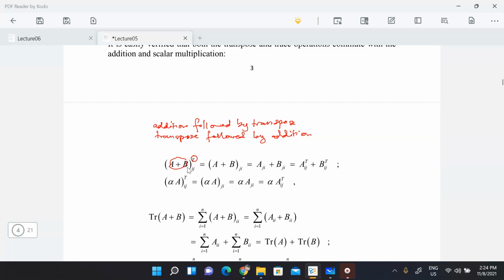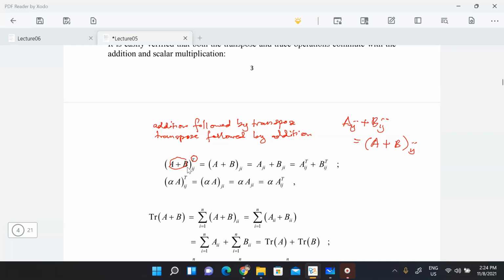Since I can define two matrices, that two matrices added together can be written in terms of index notation in this way, and the resultant matrix will be A plus B here, and then your index notation is IJ again. So I can use that index notation to do things. Here A plus B IJ with the transpose: I will transpose the two indices there.